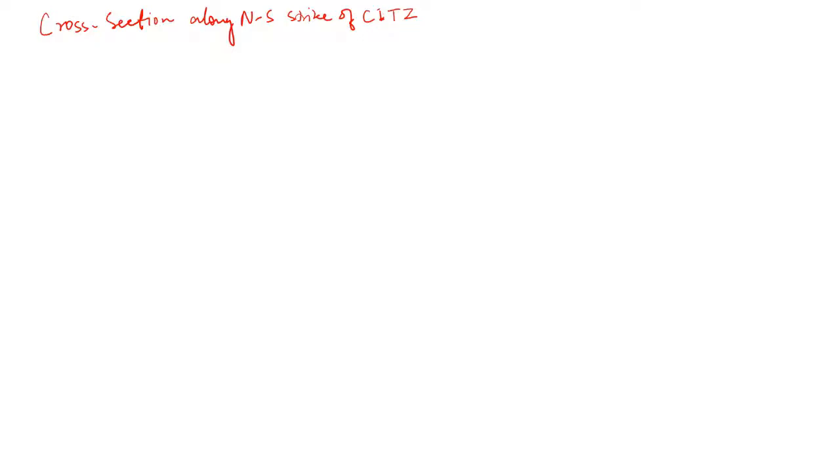Once we draw it, you all should try to draw it in this manner, and if this question is asked in your competitive examinations and you draw it like this, you're going to get good marks. So let us start with the northern side. First of all, in the northern portion, there is the Bundelkhand Craton.